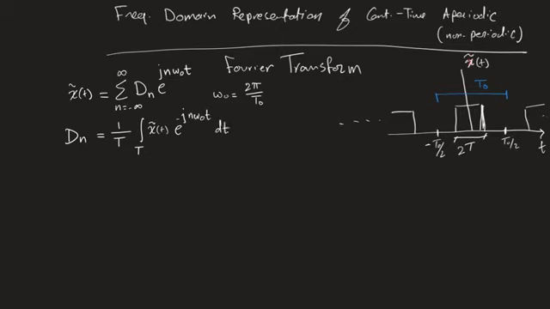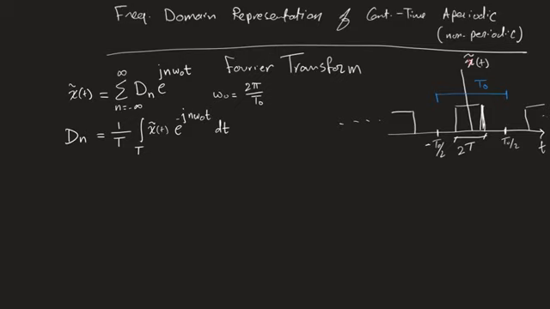This is what we did so far for periodic signals. If you have the dn's, you can calculate x by multiplying those dn's by complex exponentials at multiples of the fundamental frequency, and the result of that summation, except at the discontinuities and so on, we just say is equal to the original signal.